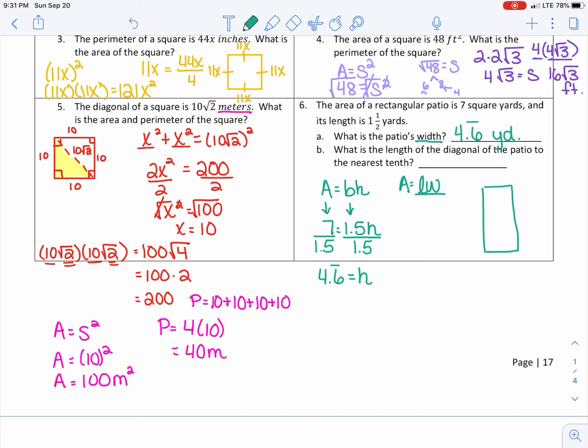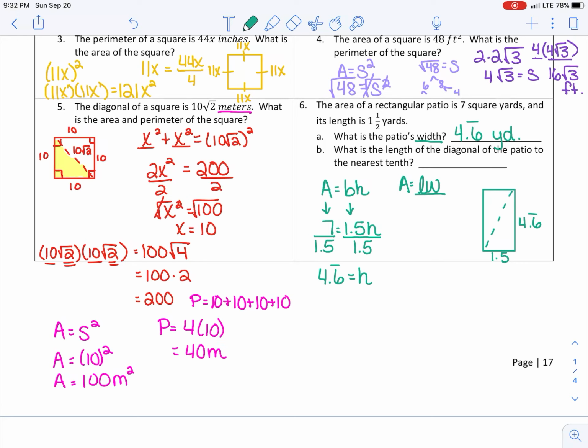It doesn't really match our picture, so hold on one second. So we have our rectangle. We have 1.5 as our length, and then we have 4.6 as our width. Okay, so it says, well, what is the length of the diagonal? So we're going to have to find the diagonal from corner to corner.